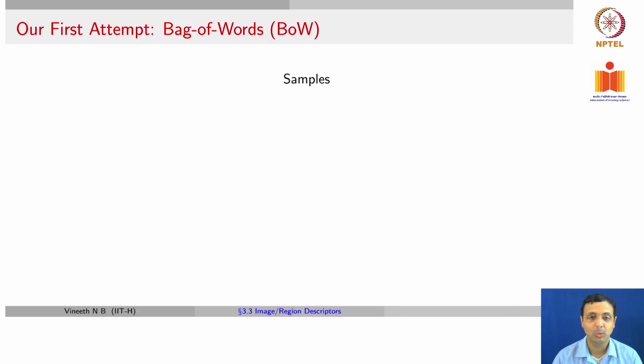So our first attempt towards getting image level descriptors is a method known as bag of words. It is an old method that has been used a lot in text before, but let's see how we use this in images. We start with a set of samples, a set of data points.